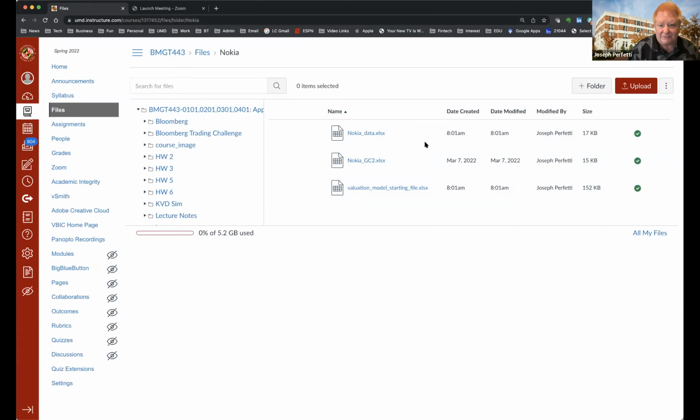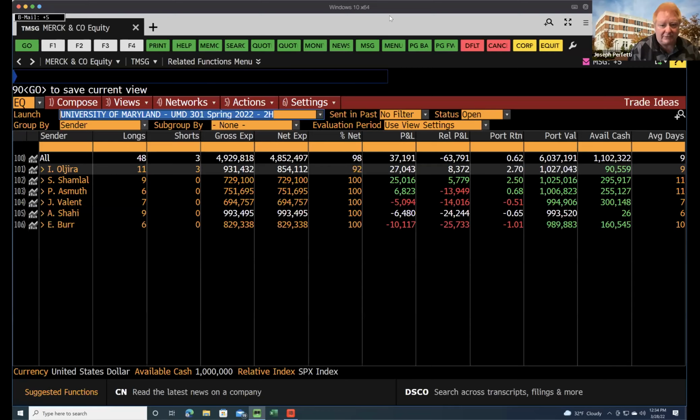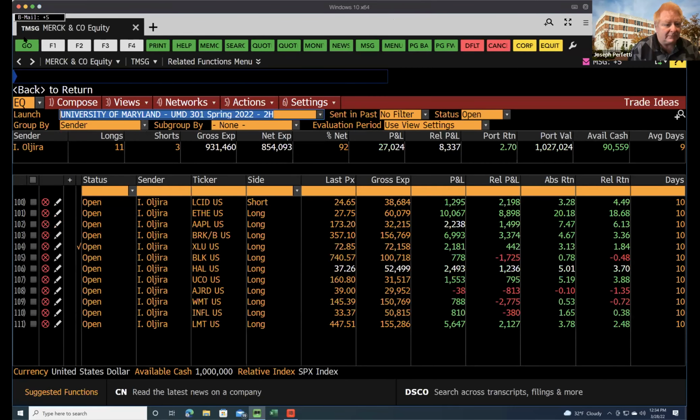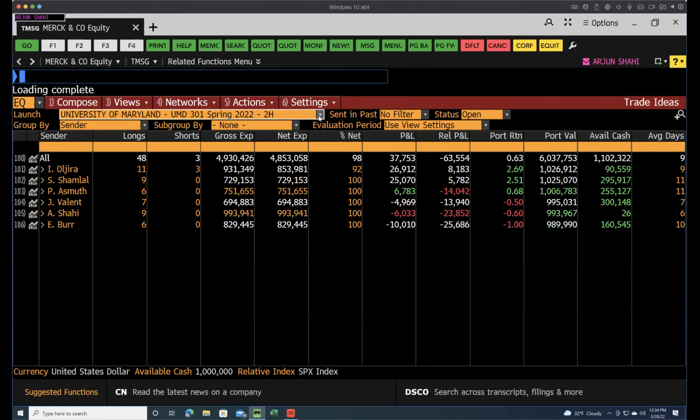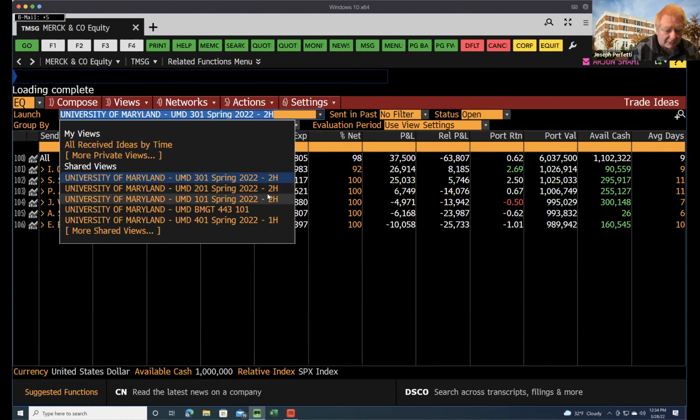While you're getting those two files downloaded and opened, I'm going to also quickly check on the Bloomberg Trading Challenge, which started for the second half of the semester. So looking at the Trading Challenge, this is section 401.